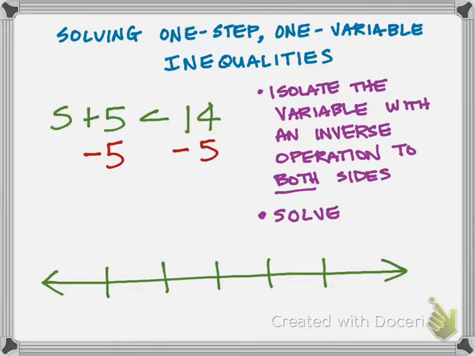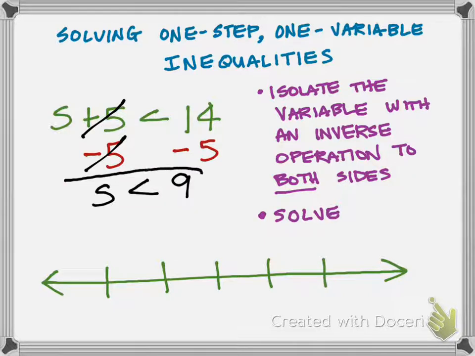Plus 5 and minus 5 are going to make zero pairs, cancel each other out, and we're left with just s, still less than, and 14 minus 5 is 9. So s, whatever the answer is, s has to be less than 9.